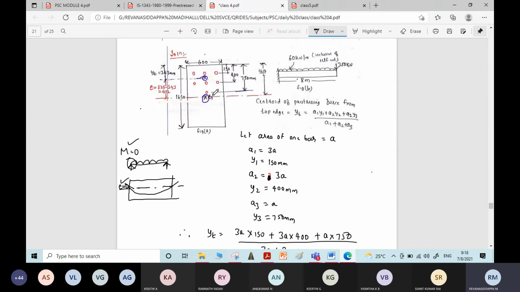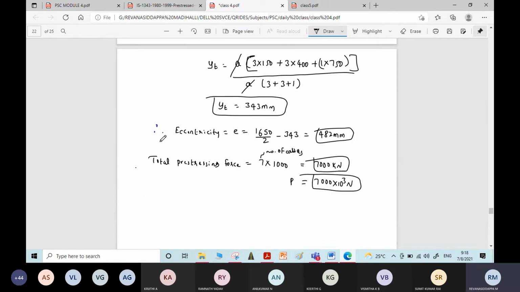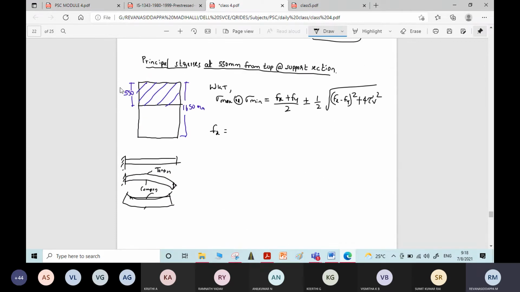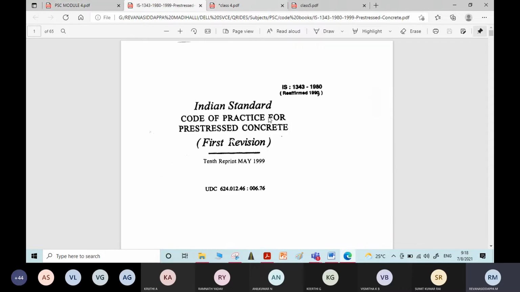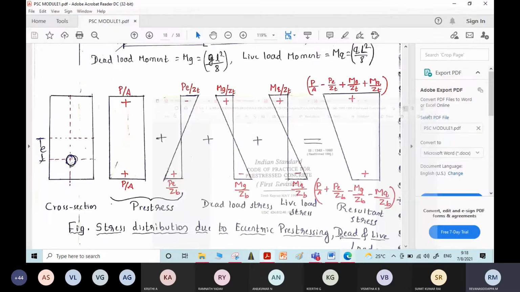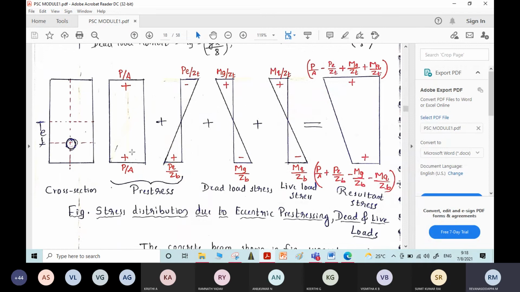For this particular problem, moment is there, eccentricity is also there. So the formula for fx becomes top fiber tension. Refer to the tension case in problem number 1: P by A plus PE by Z minus mg by Z minus mq by Z.